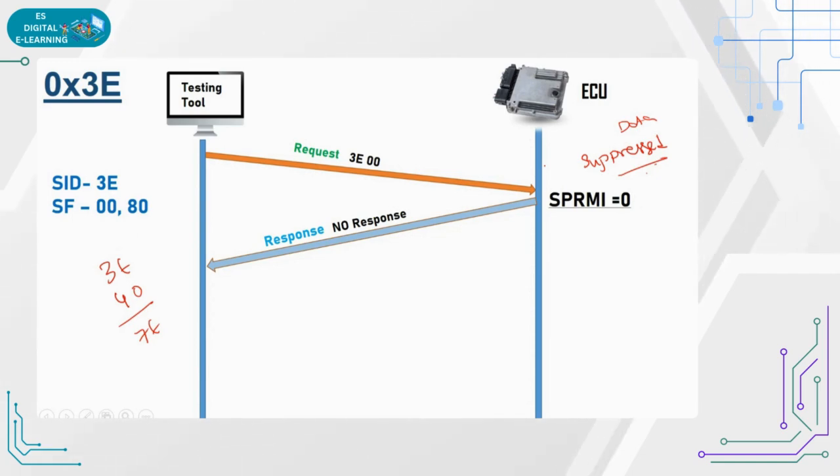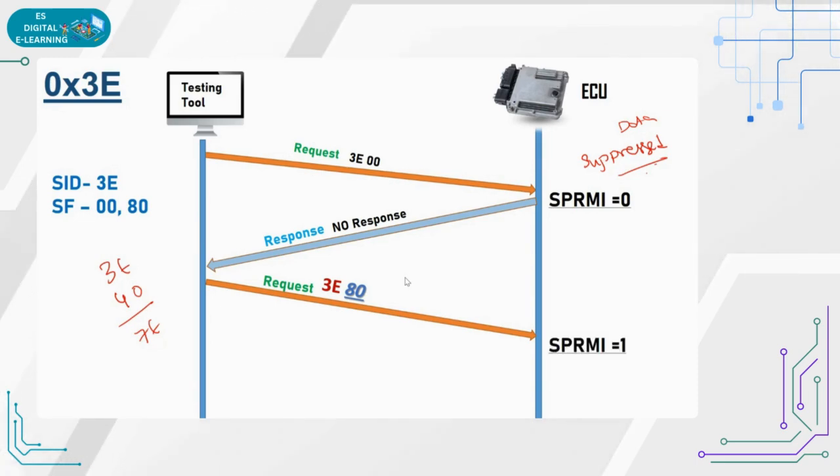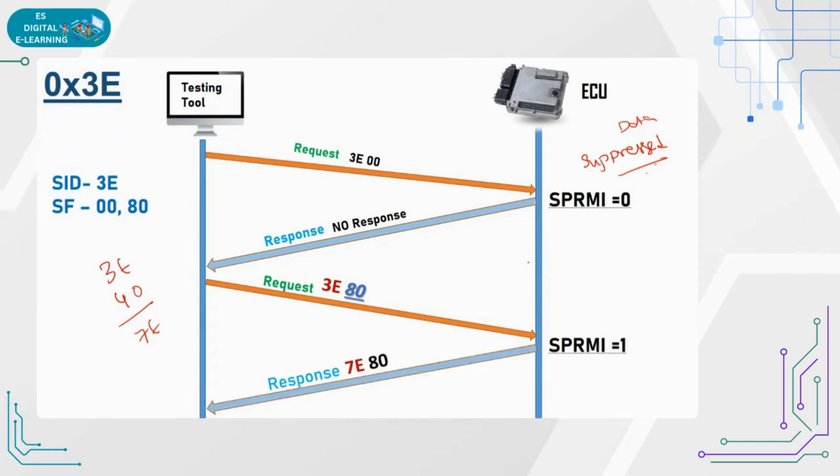Whatever the tester present you are sending, it got suppressed. So when you send 3 80, SPRMI 1, what happens? It won't suppress the response. Yes, so we'll get the positive response 7 80. Is it clear? This is a very important concept you should remember.